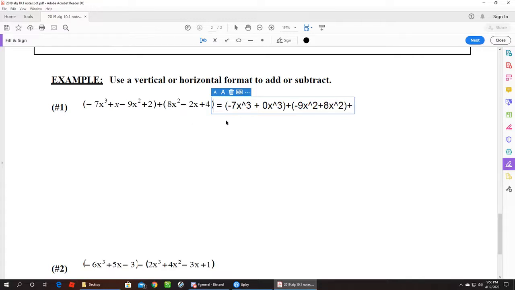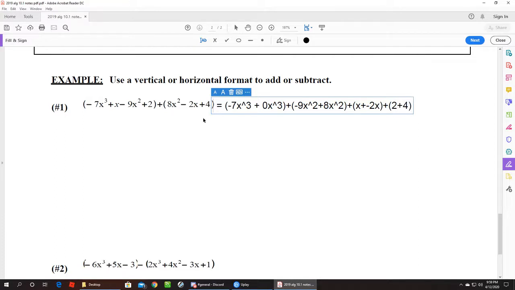And just keep going in that order. Look at this one. What's the next thing we got? 3, 2, 1. Okay, so we just had an x plus, well, negative 2x. So write that, negative 2x. And then the last thing, we have a number, 2 plus another number, which is positive 4. So 2 plus 4.